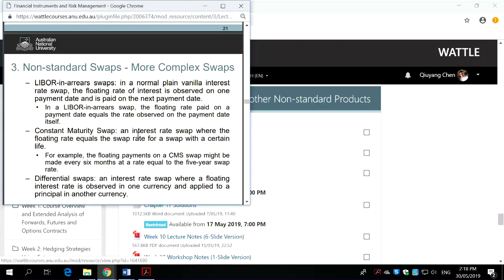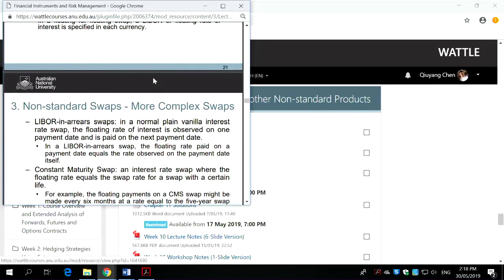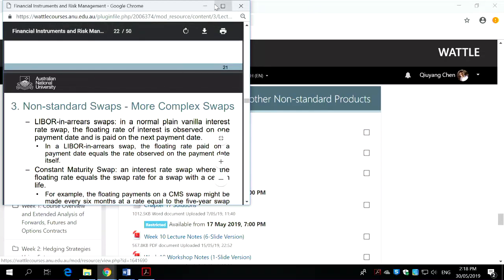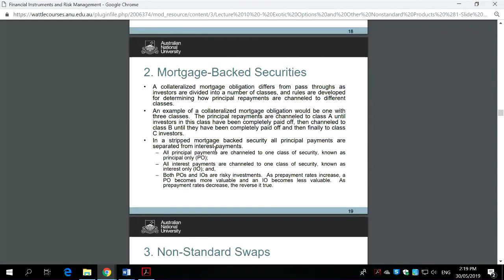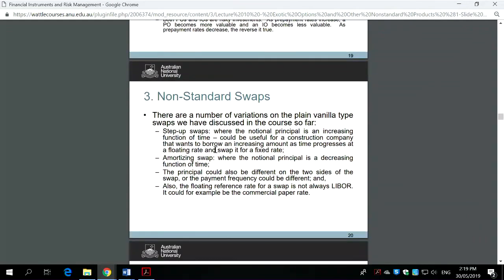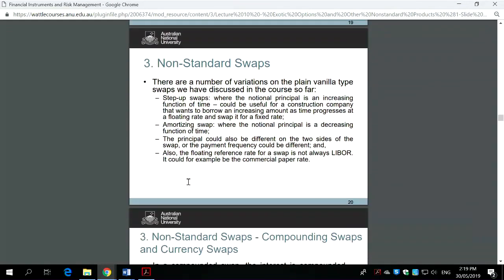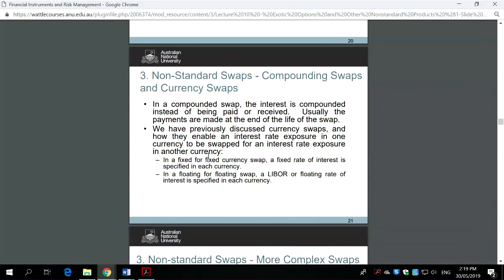But, sorry, let me go back to the non-standard swap. Remember, we also covered credit default swap last week. That's examinable. Okay? So the non-standard swap I'm talking about, not examinable, is, for example, this step-up swap, no. Amortizing swap, no. So for those, you need to know, okay?